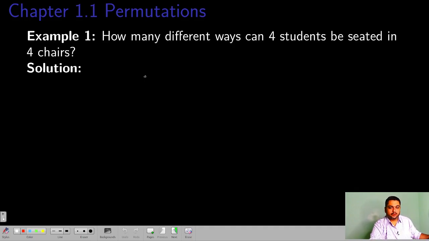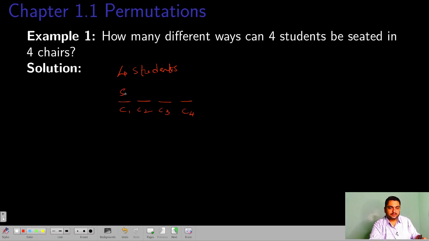What it says: how many different ways can 4 students be seated in 4 chairs? There are 4 students and there are 4 chairs. Now, in how many different ways can they be seated? Why is it a permutation problem?